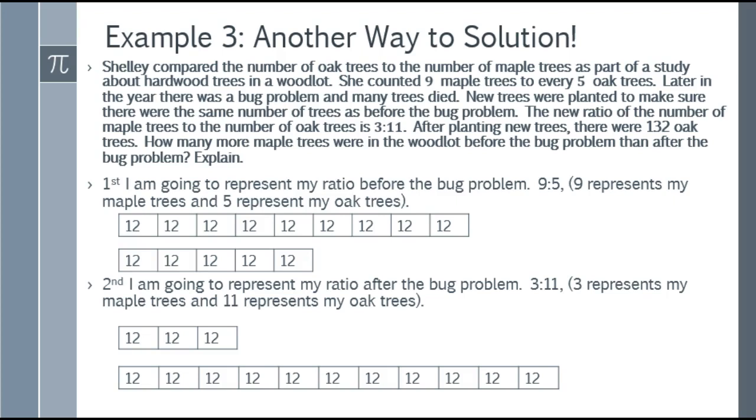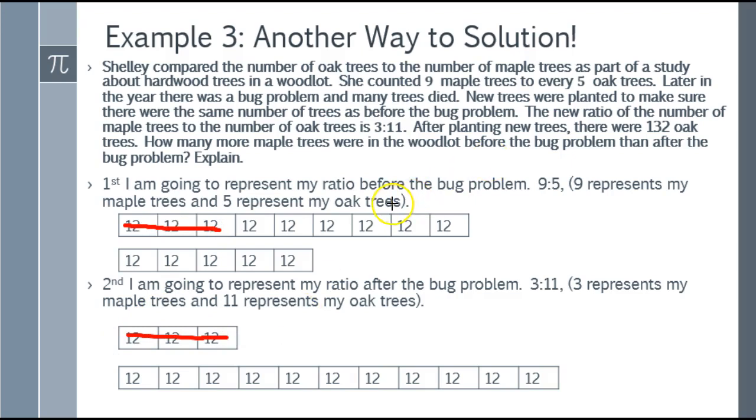So since they are equal, I can see that for my maple trees in the first diagram, since they are equal pieces, these first 3 and these 3 would be equal amounts, both 36.